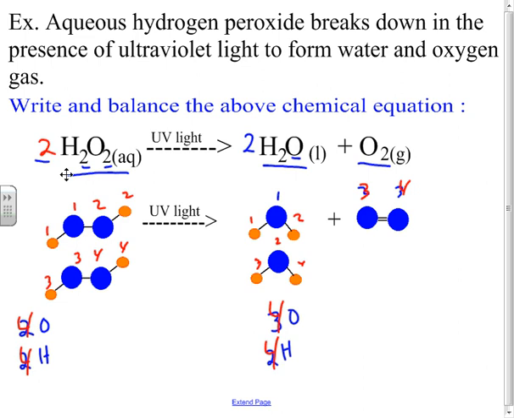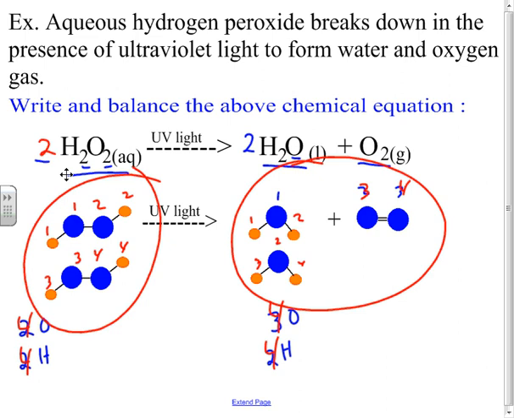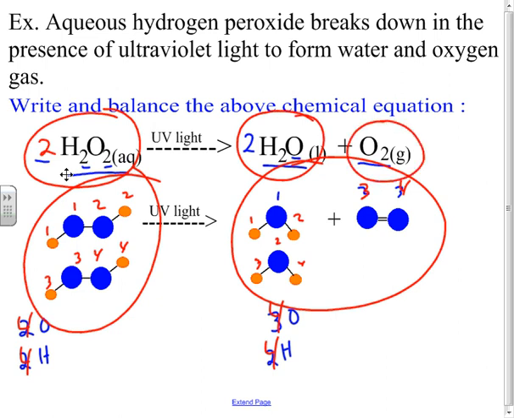So now we have the same kinds of numbers of atoms on the reactant side as the product side. Therefore, the mass is going to be the same on both sides. They've just rearranged themselves from being hydrogen peroxide to becoming water and oxygen. And again, that's what chemical reactions are, the rearranging of elements or atoms into new compounds.